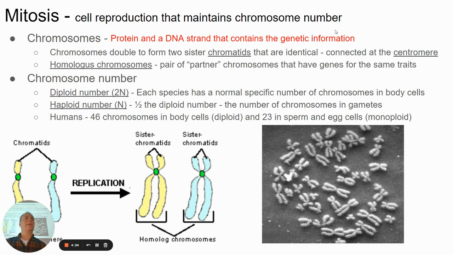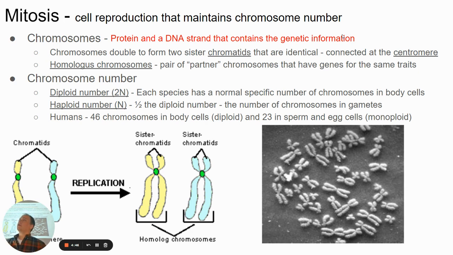A cell in your brain has the same DNA as a cell in your quadricep muscle, which has the same DNA as a cell in your small intestine. Basically, every cell has a complete copy of all of the genetic information. We'll talk about an exception to that later on.